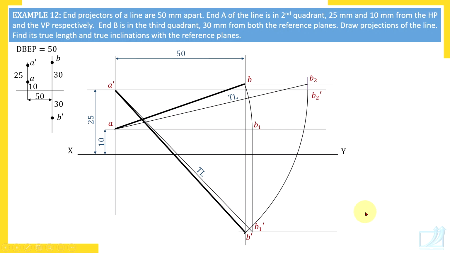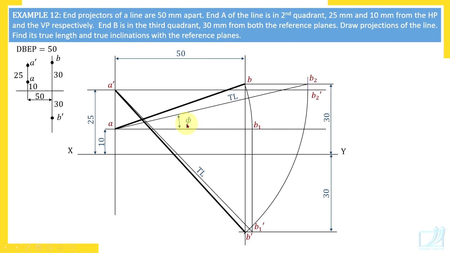Now insert the dimensions carefully. This distance of point B is given as 30 millimeters. This distance of point B dash is given as 30 millimeters, and the distance between the end projectors is 50. So the given dimensions you should insert in the diagram, and what is asked in the problem? True length and true inclinations. For the true length, either you measure AB2 or you measure A dash B1 dash.